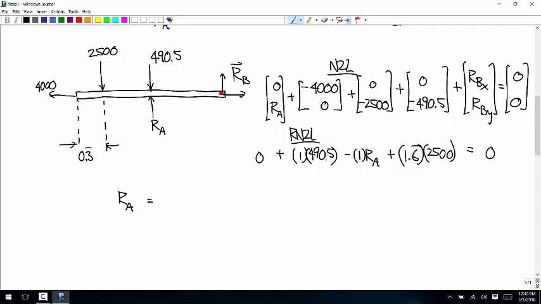So first, RA is equal to 490.5 plus, I think that's 3,333, right? And so RA then is equal to 733.83 repeating.